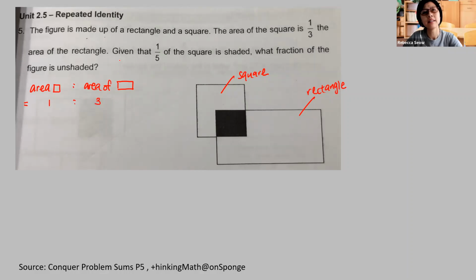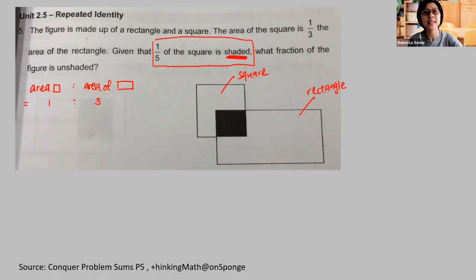Okay. Now, third part of the question, given that 1/5 of the square is shaded, what fraction of the figure is unshaded? Now, let's just try to unpack this part of the question. It says that 1/5 of the square is shaded. The fact that the question talks about a portion being shaded means that there is another portion that is not shaded, isn't it?